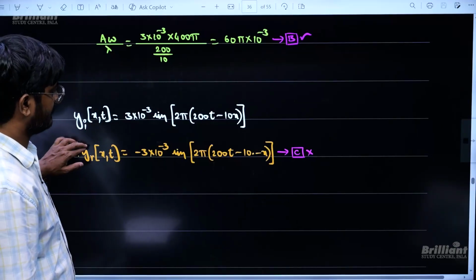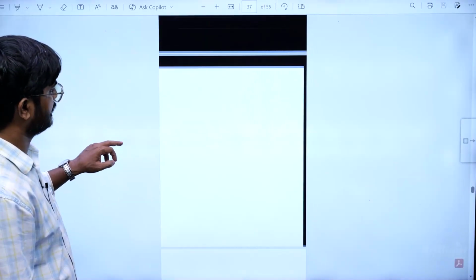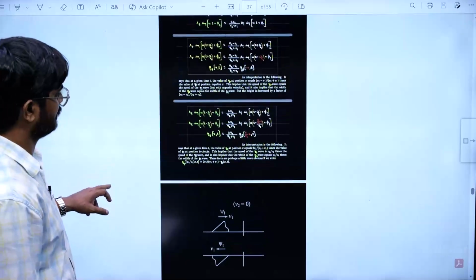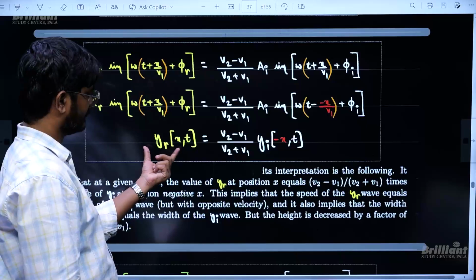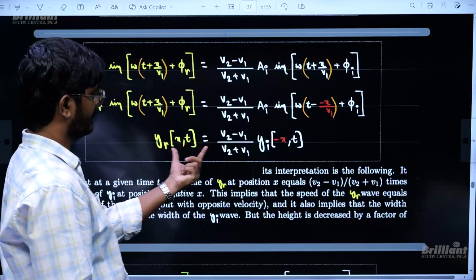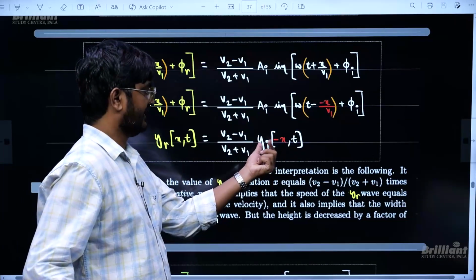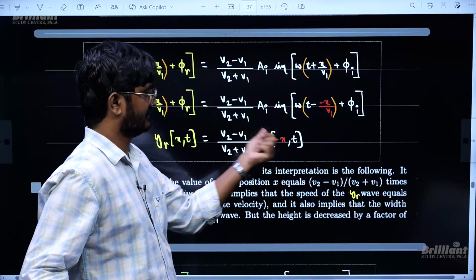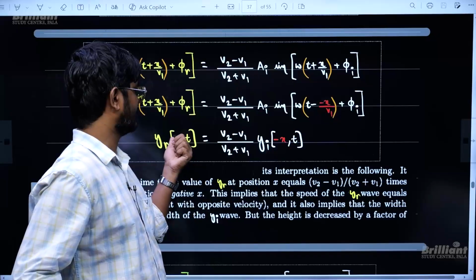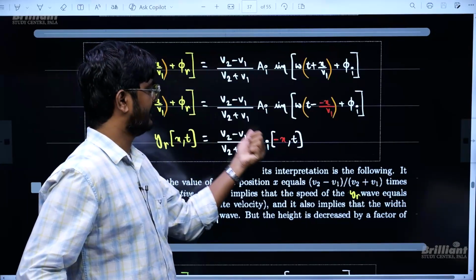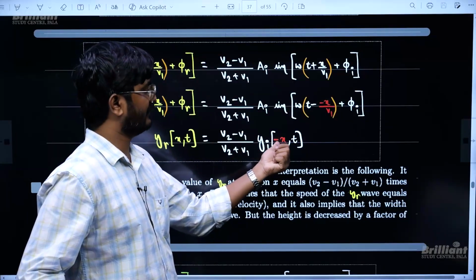Then going back to the reflected wave part, I am going to attach the derivation, which you will be knowing. So the reflected wave's equation is going to look like this thing into the incident wave's equation, where wherever x is there, whatever happens at the x coordinate of the reflected wave will depend on whatever is happening at the negative x coordinate of the wave.